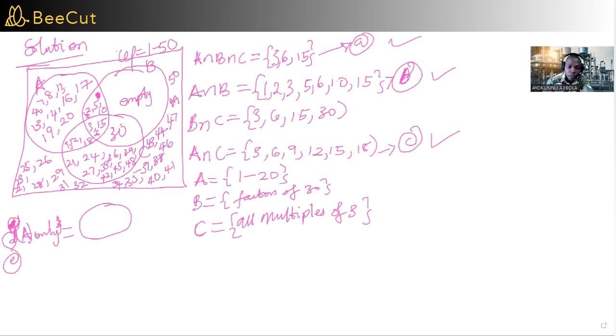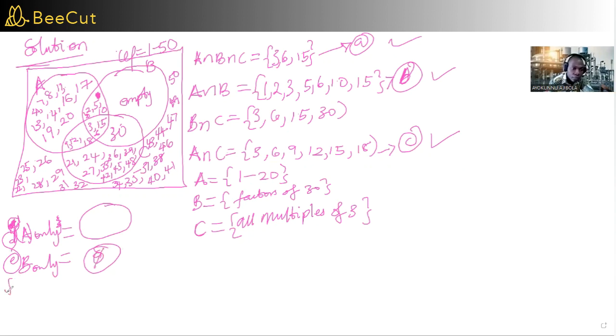The next one is B only. Yes, B only. They are the things you can find in B only that did not overlap into any, and that is empty. So this is empty. It's an empty set.